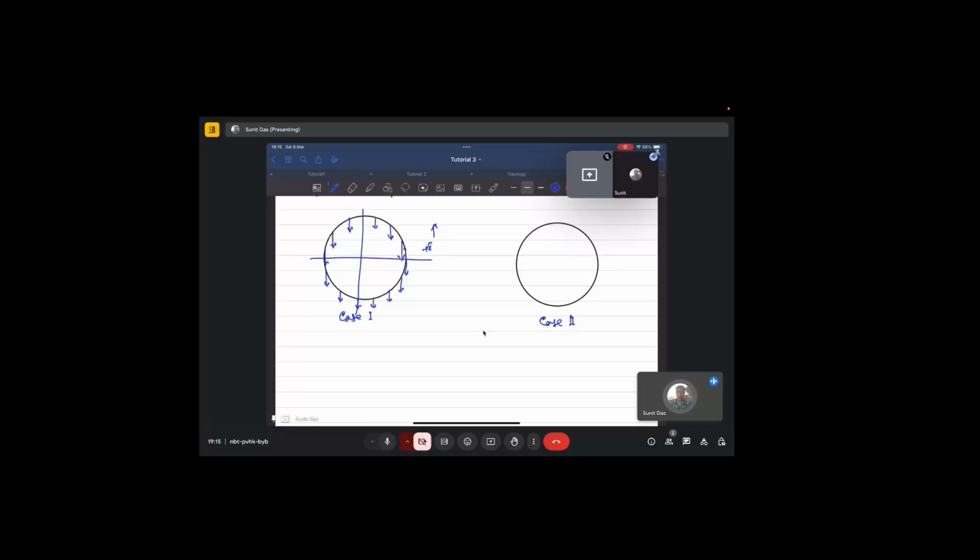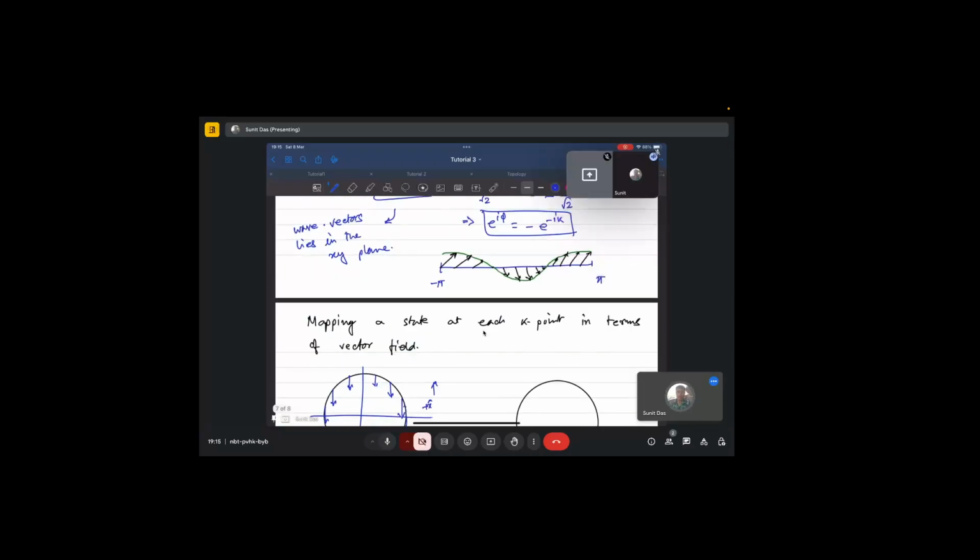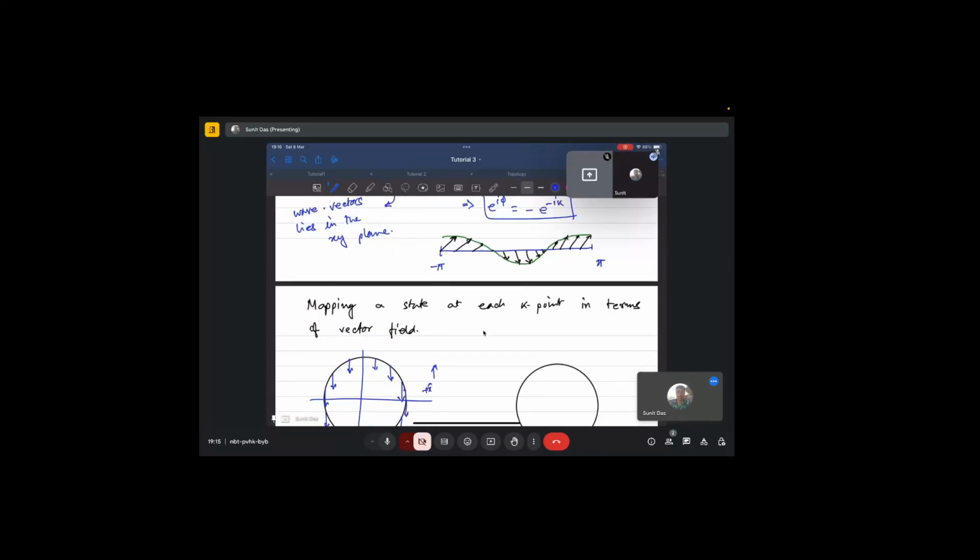Now, for case 2, you need to visualize a bit. You have a line something like this, it goes from minus pi to pi, and it is always kind of twisted.